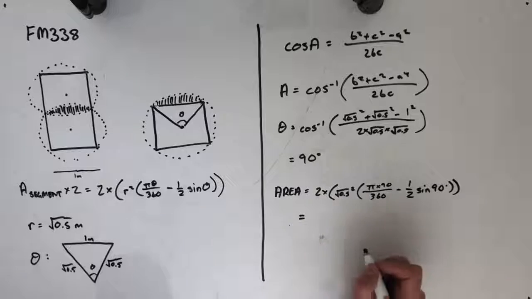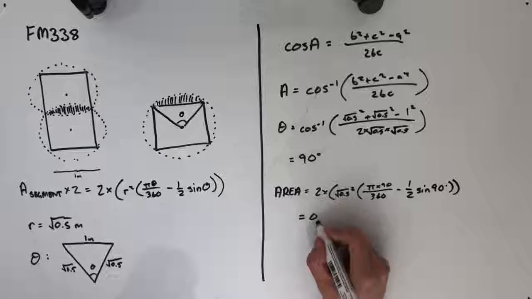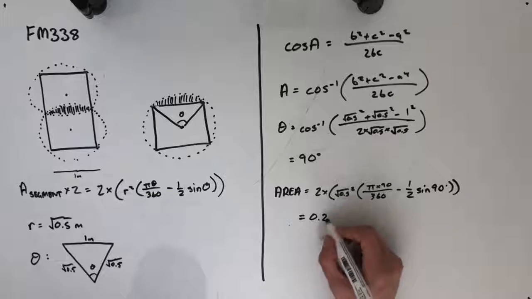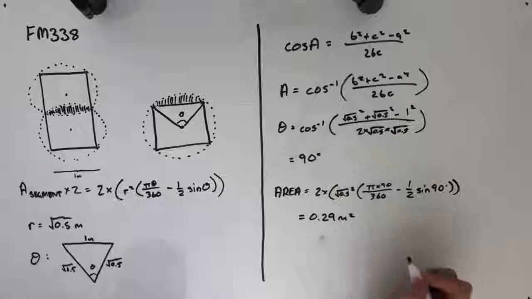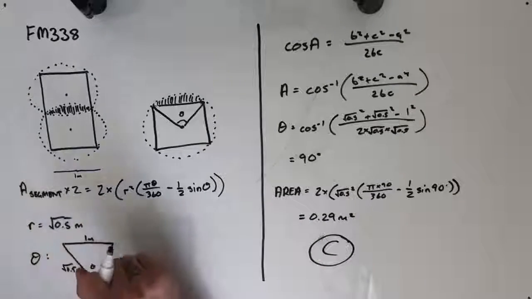Plugging all of that into your calculator, you should get an answer rounded to 2 decimal places of 0.29 meters squared, which of course is closest to option C.